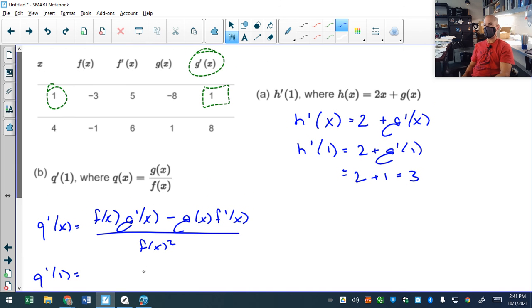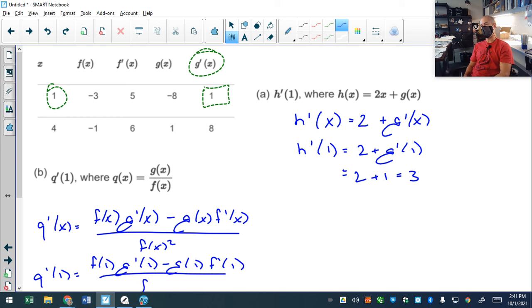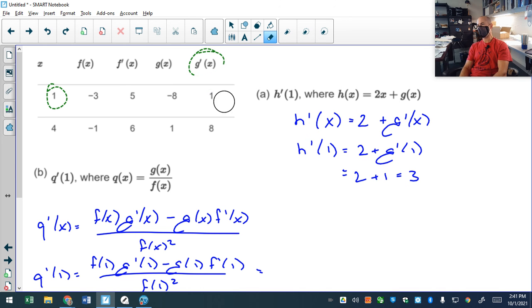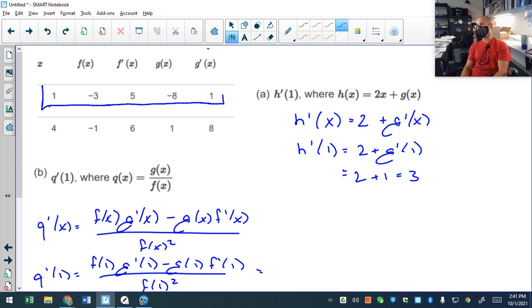All right, so f of 1, g prime of 1, minus g of 1, f prime of 1, over f of 1 squared. And if you want to skip what I just wrote and go straight to substituting their values, I'm okay with that. I'm just doing this in painful detail. F of 1 is, we're looking up here, and we're only looking at this top row.